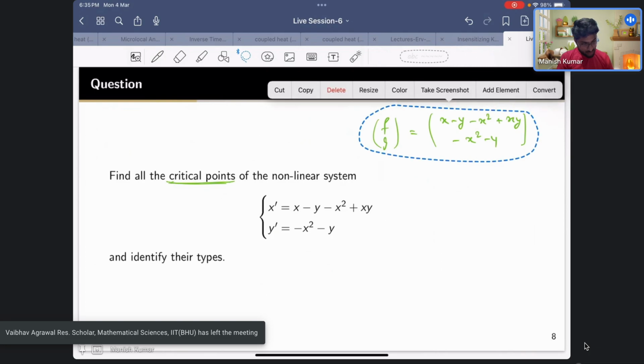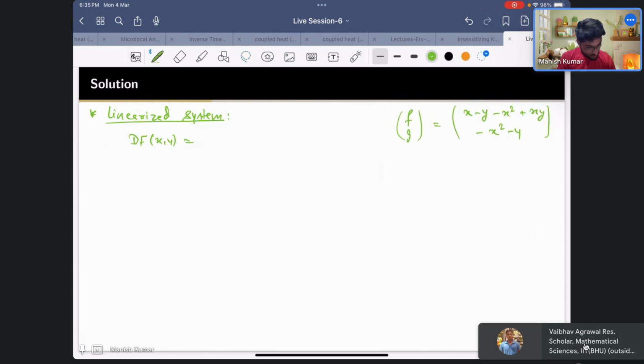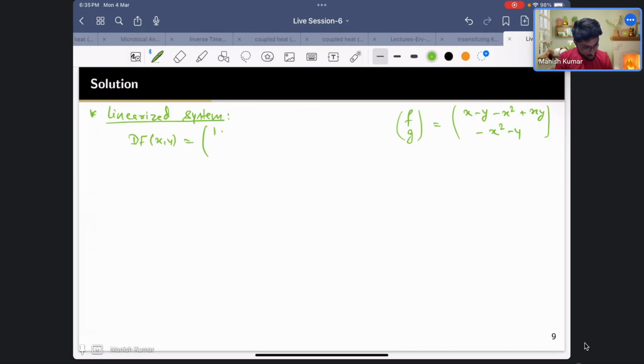So this is nothing but 1 minus 2x plus y, then minus 1 plus x; here you have minus 2x, minus 1.